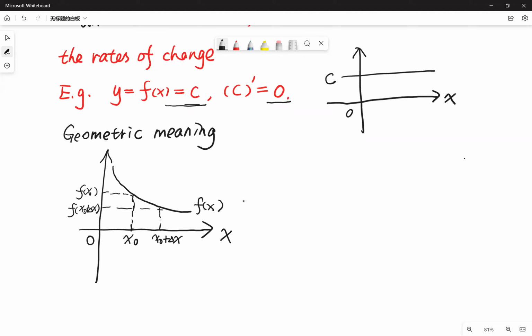This is the graph here. You can see we can connect these two points to make a line.